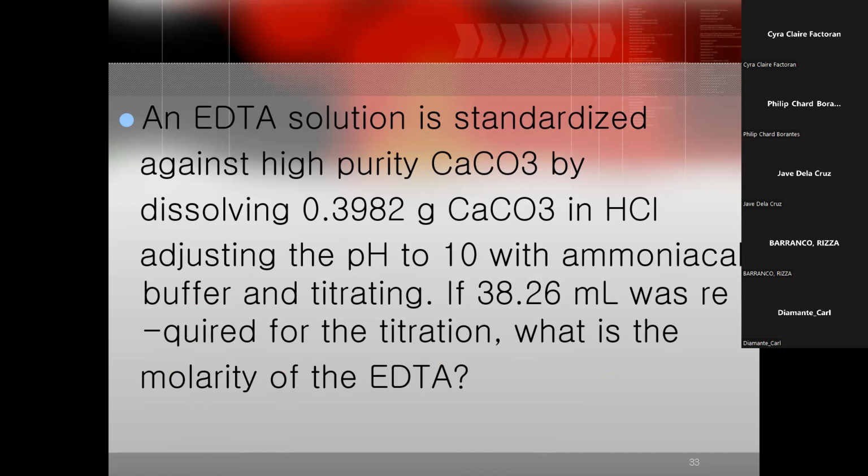The problem only asks for the molarity of the EDTA, class. So what was used in titrating the EDTA is the calcium carbonate. In titrating, 0.3982 grams of calcium carbonate was used and the EDTA used was 38.26 ml. So you try to solve for the molarity of the EDTA.